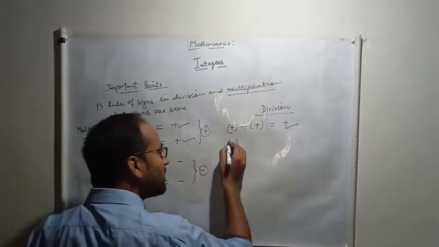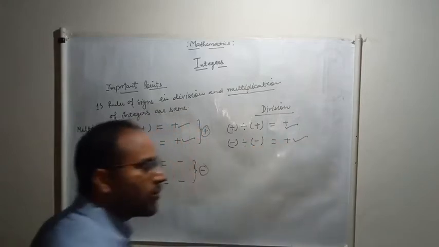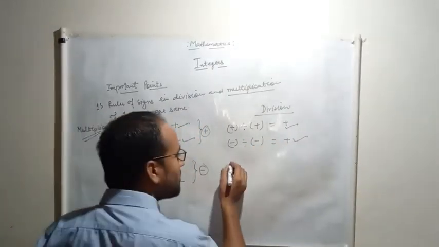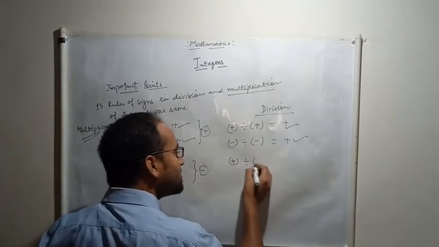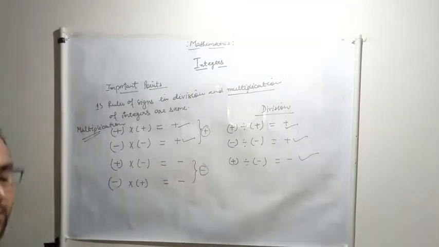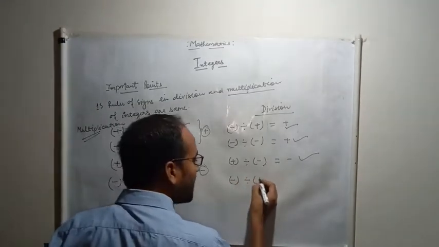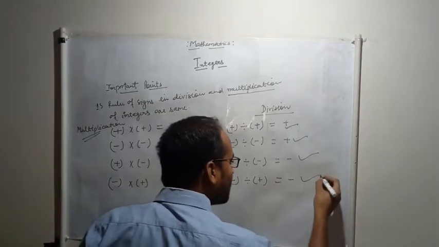And if both are negatives and you are dividing, then you also get a positive quotient. But if one is positive and the other is negative, in this case your quotient should be negative, and if one is negative and the other positive and you are dividing, then you also get a negative value.